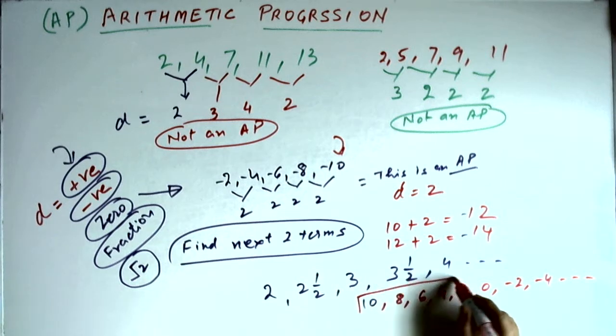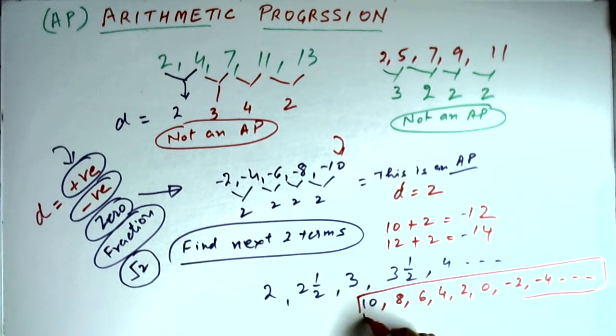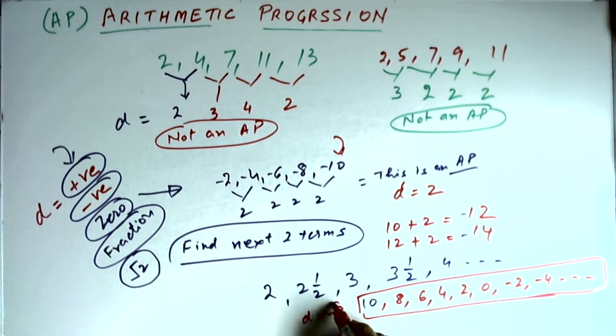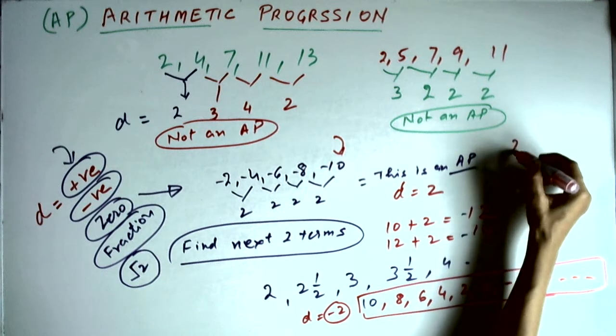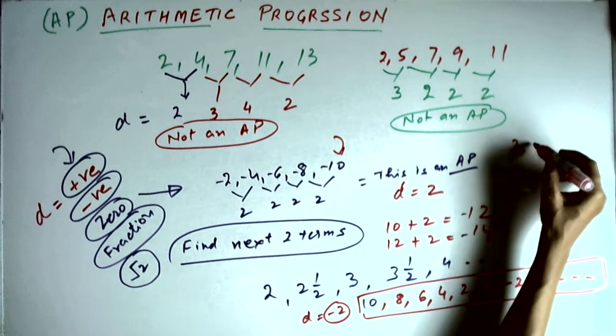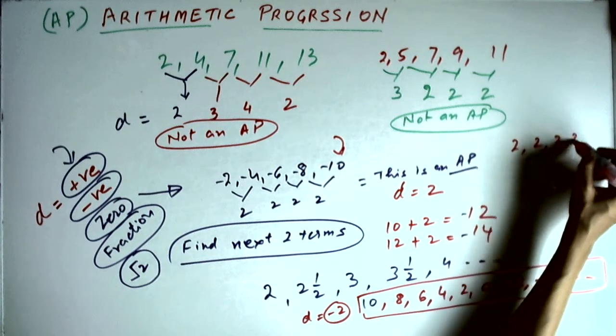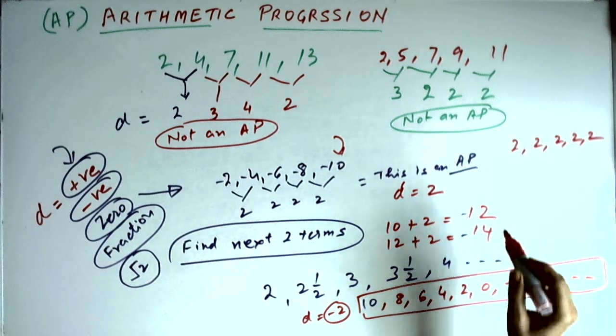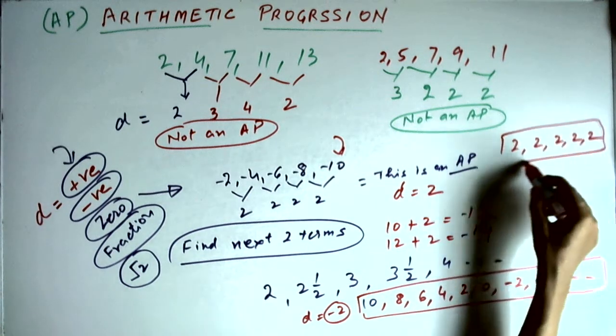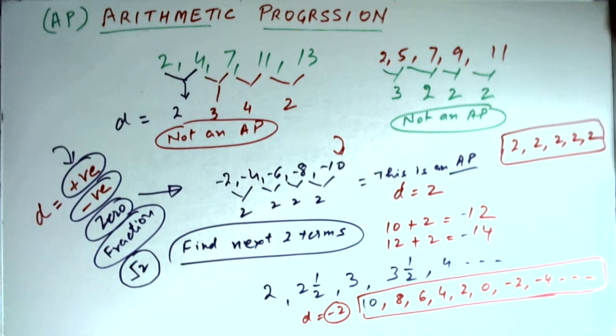This is also an arithmetic progression, but the D is -2. So D can be +2, -2, +1, -1, and it can also be 0. So if I have a progression which says 2, 2, 2, 2, 2, 5 terms as 2, then this is also an arithmetic progression because the difference here is 0.